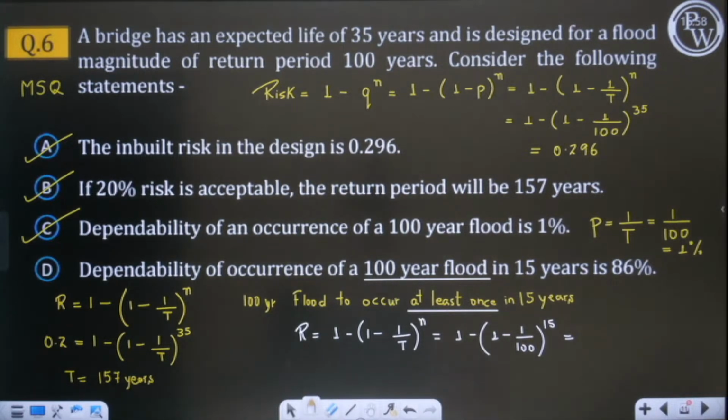How much you are getting? So the risk which we are getting here is 14%. When you will solve this, you will get it as 14%.